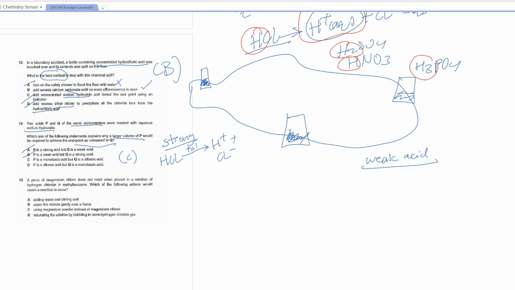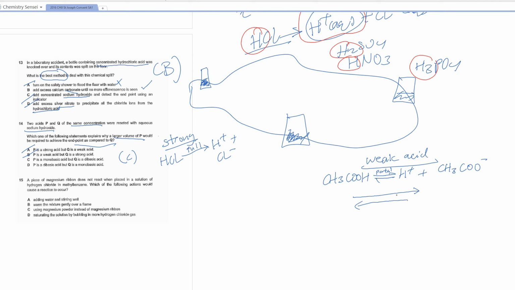Full dissociation. How about a weak acid like ethanoic acid? We have CH3COOH. This is a weak acid. Generally carboxylic acids are weak acids, so they dissociate partially. There is a partial dissociation to form H plus and CH3COO minus. When the reaction goes forward, there's a high tendency for the reaction to go in the reverse direction.